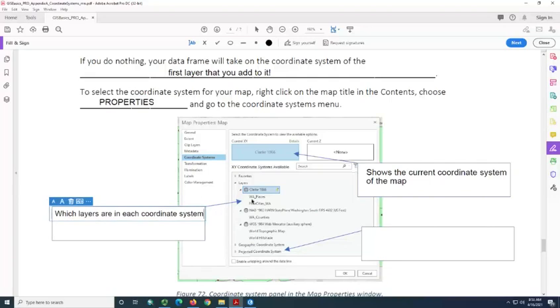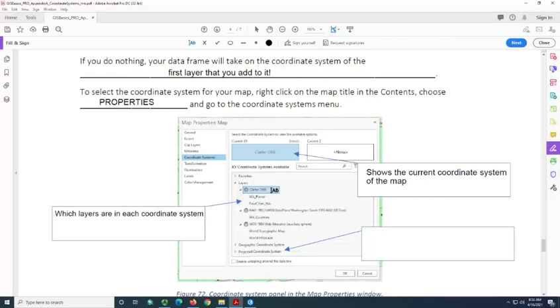So in this particular example, we've got two layers on the map that are in Clark 1866, and we've got one layer that's in NAD 1983 HARN State Plane Washington South, or we just call it State Plane South, and then we've got one layer, the base map, that's in WGS 1984 Web Mercator.